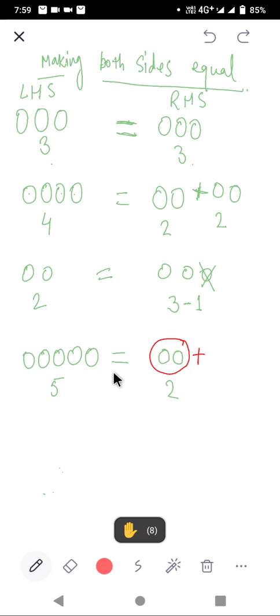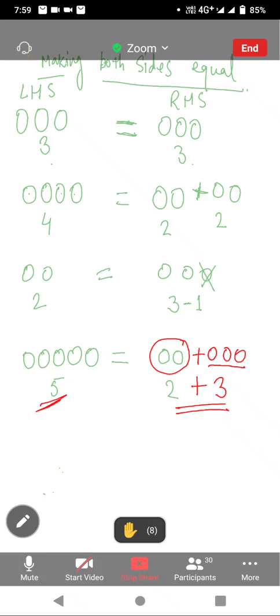Let's count forward. We have to make 5. After 2 what comes? 3, 4, 5. So to make 5, we need to put 3 more balls. It means you have to add 3 to 2 to get 5. Now both sides are equal, because 2 plus 3 is equal to 5.